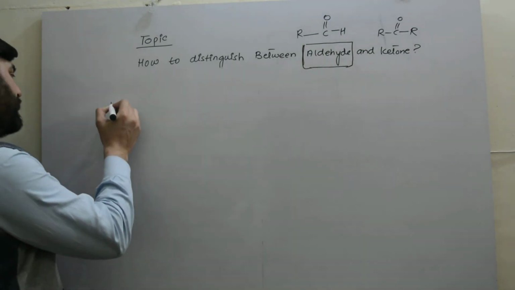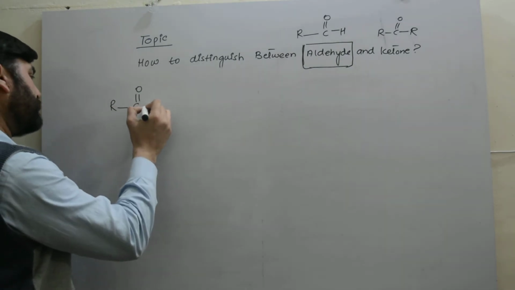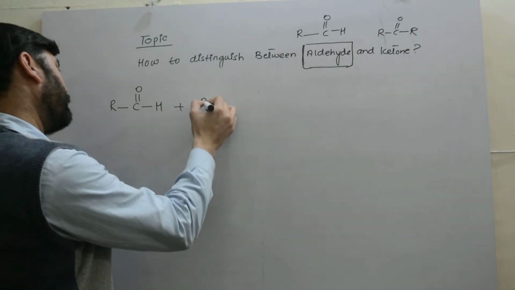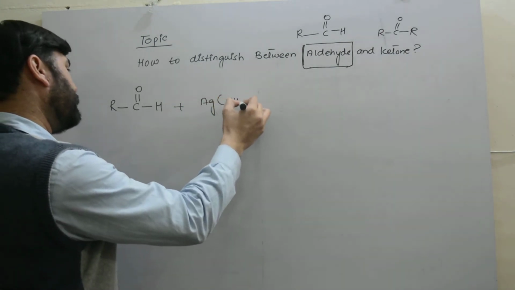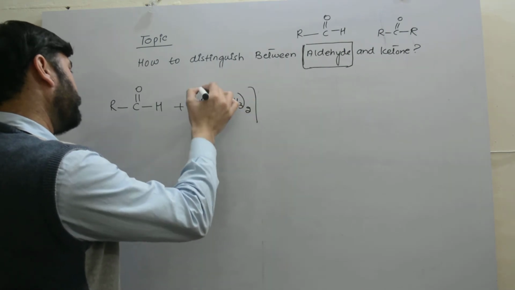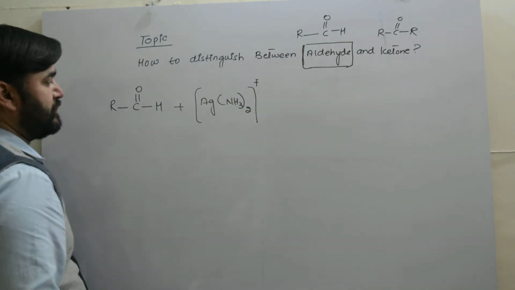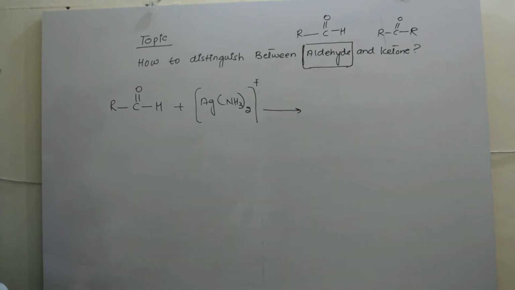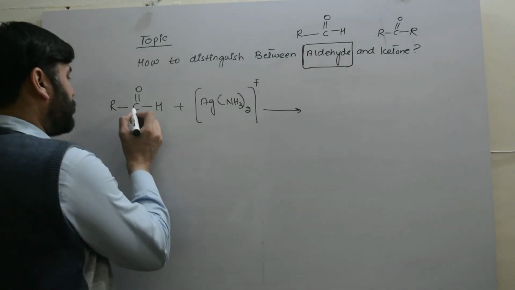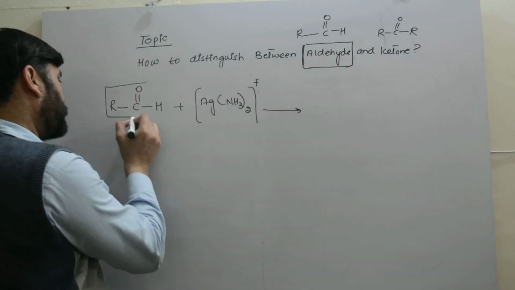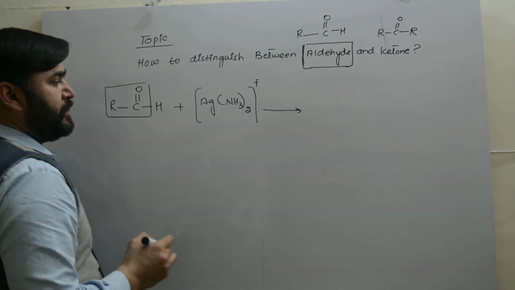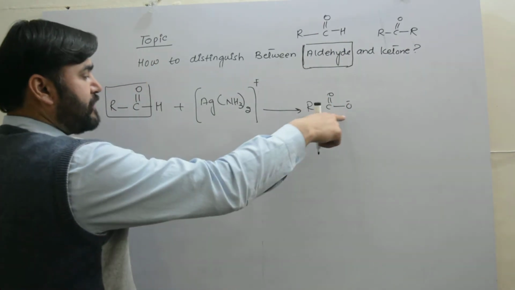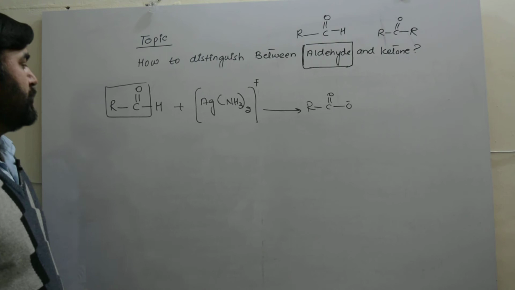Suppose there is the reaction of RC double bond OH, an aldehyde, with Ag(NH3) whole twice plus. The aldehyde part will be oxidized to RC double bond O negative, because it is present in the solution.